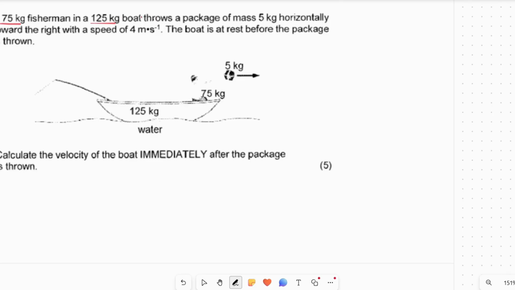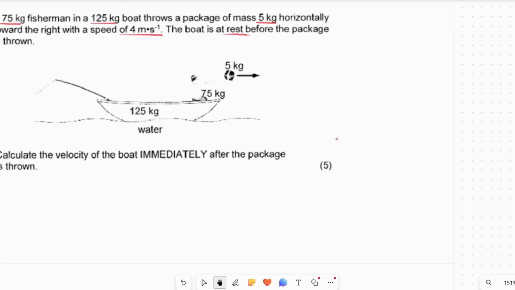The fisherman throws a package of a mass of 5 kilogram horizontally towards the right with the speed of 4 meters per second. So then this is a very important part. The boat is at rest. So the boat is at rest before the package was thrown.